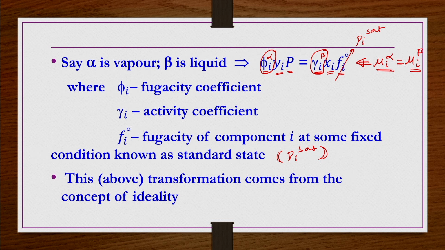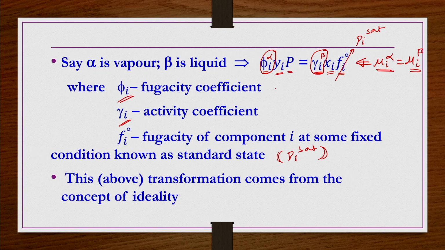Okay. And this transformation comes from the concept of ideality. That means whatever the fugacity coefficient, activity coefficient, they are not only some kind of auxiliary functions used to transform the chemical potential so that we can relate them to the temperature, pressure and composition, but they also tell something about the ideality of the phases. If the vapor phase is an ideal phase, then the fugacity coefficient is going to be 1.